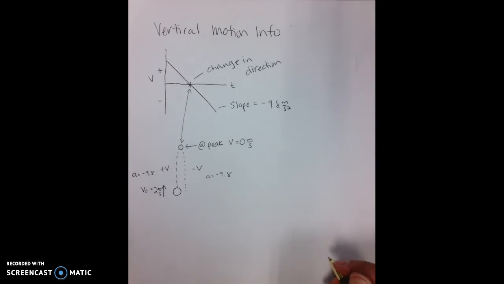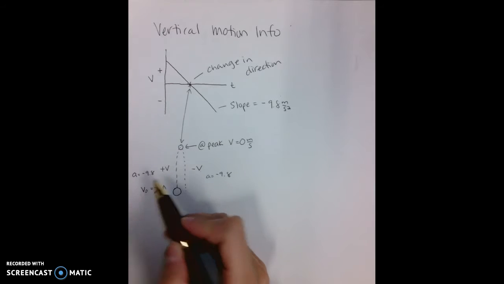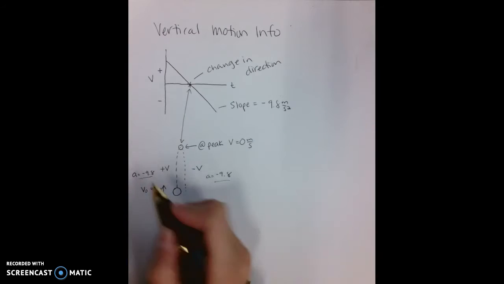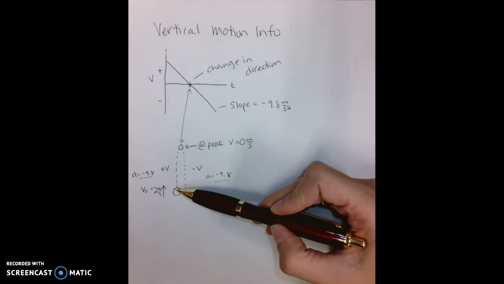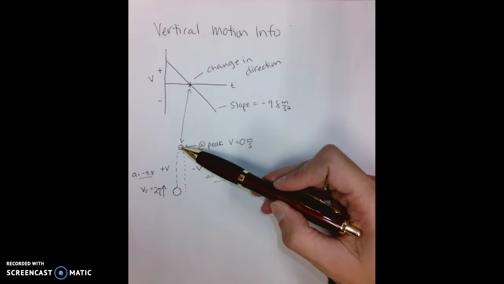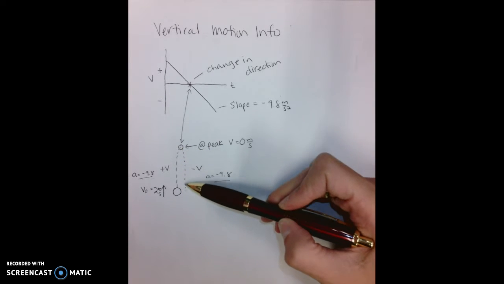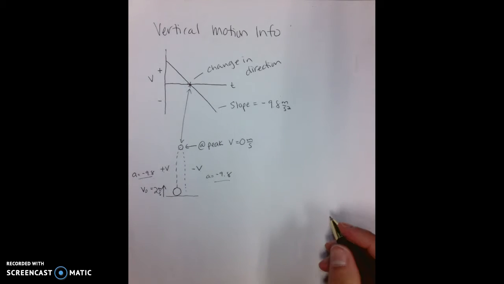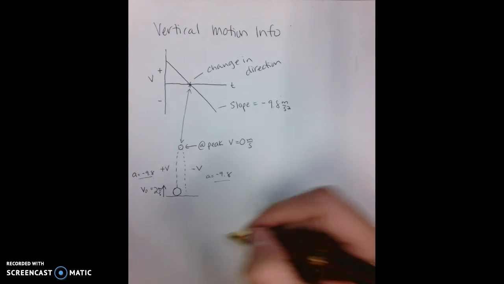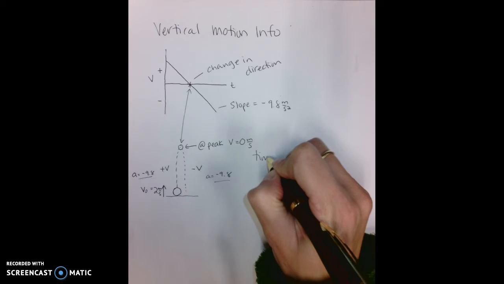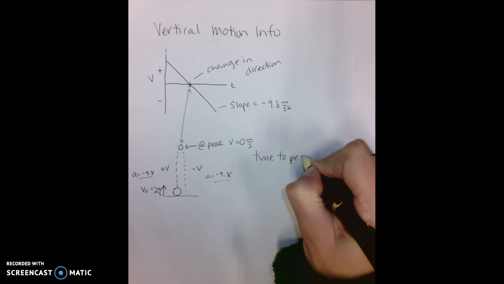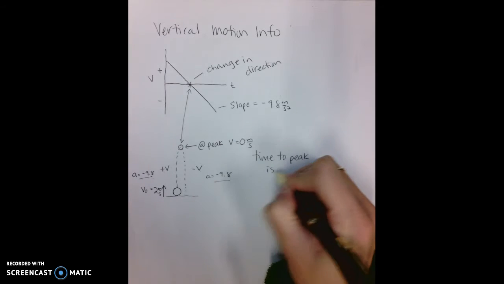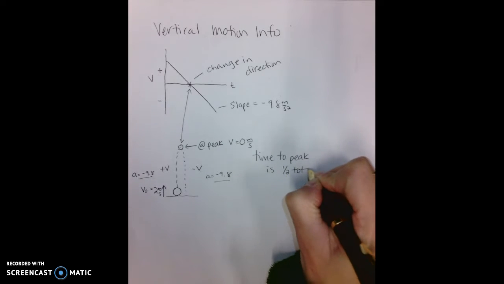A couple other things. Because the acceleration of gravity is constant, that means that the time it takes to rise to the peak is the same as the time it takes to fall back down to the same level. So the time to the peak is 1/2 the total time.